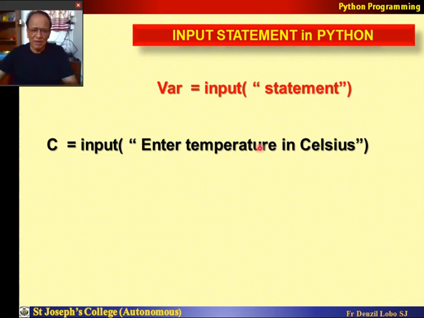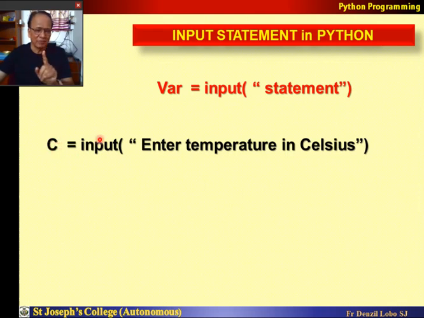For example, here I want the user to enter the temperature in Celsius. So this is very clear. Input, within brackets, enter temperature Celsius. That has to be within quotes. Please note that it has to be within quotes. And then it accepts that, and suppose you enter 100, 100 will be assigned to this variable called C.